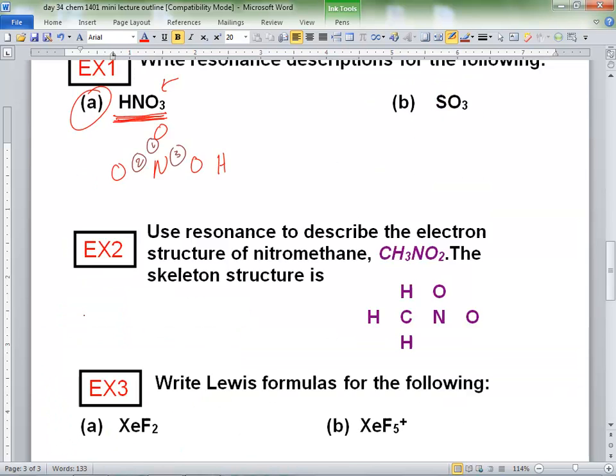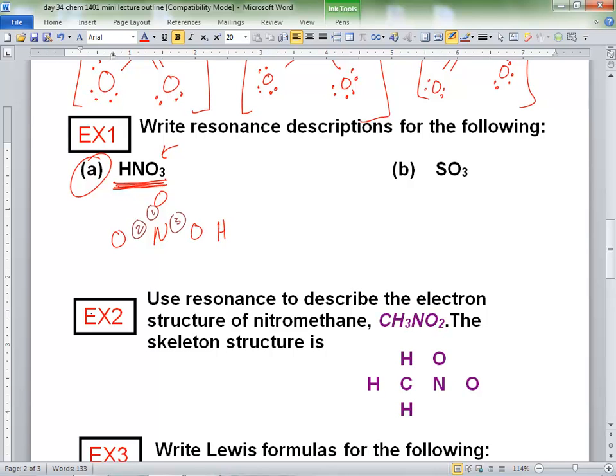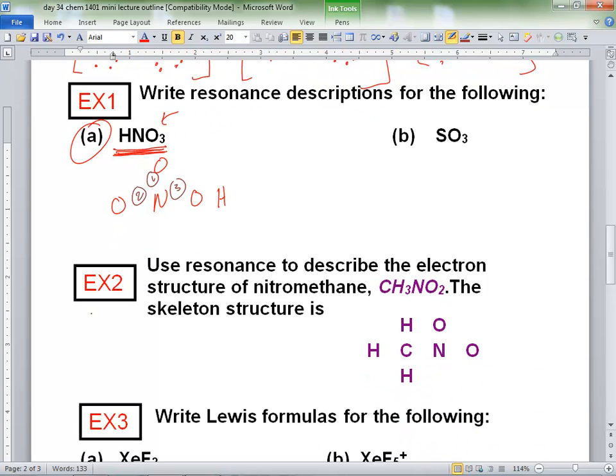Okay, so let's go back up and go ahead and get started. We are over here, EX1. So help each other out, and this will go quick and painless.